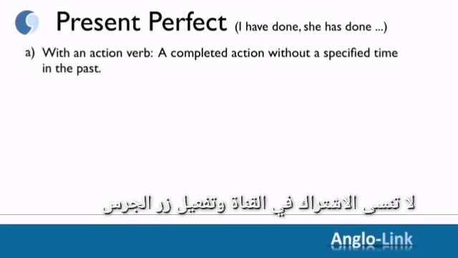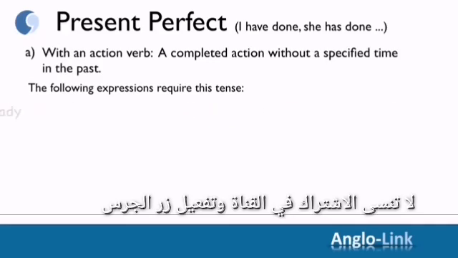When you use this tense with an action verb like sit, go, come, dance, etc., it indicates a completed action, but there is no time specified in the past.